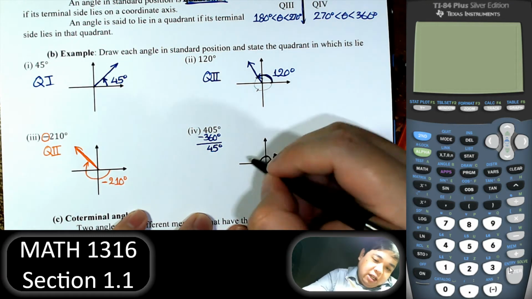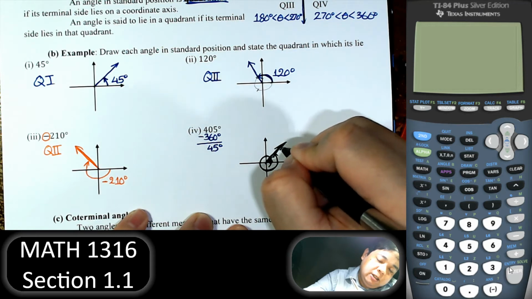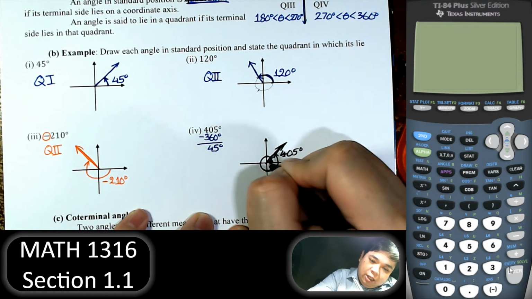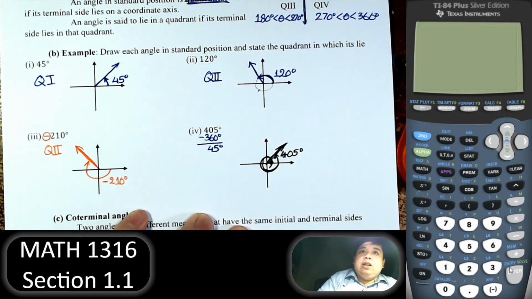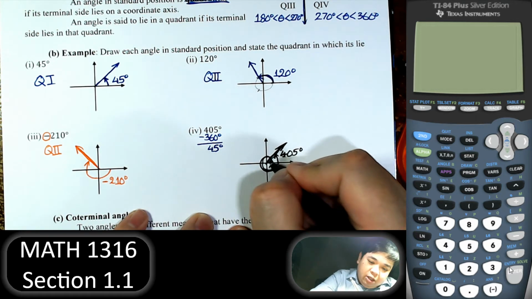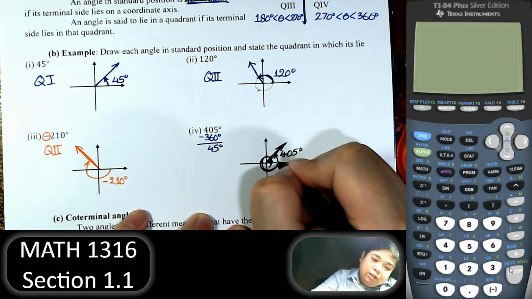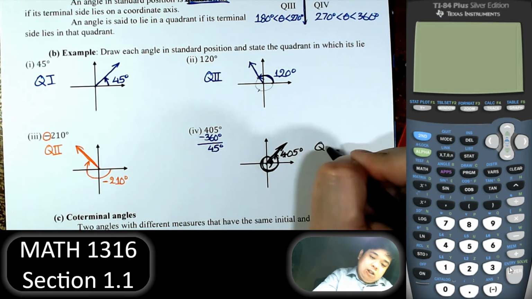So this is the same as 45 degrees. But we do have to denote the motion: we start from the positive x-axis and go one extra revolution to 45 degrees. And this is in quadrant 1.